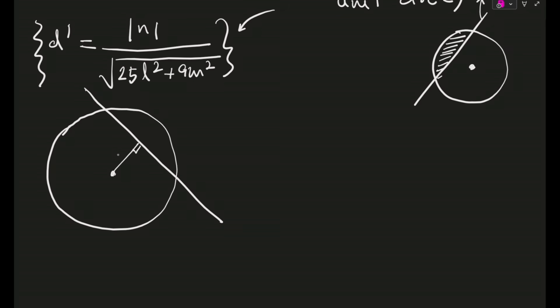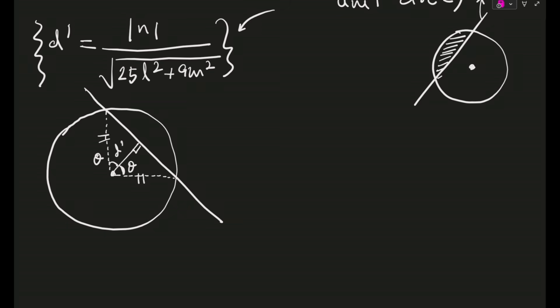This is your d dash, right? If we extend these dotted lines, these two would be equal to 1, the radius. If I consider this particular angle as theta, then this angle will also be theta, right?